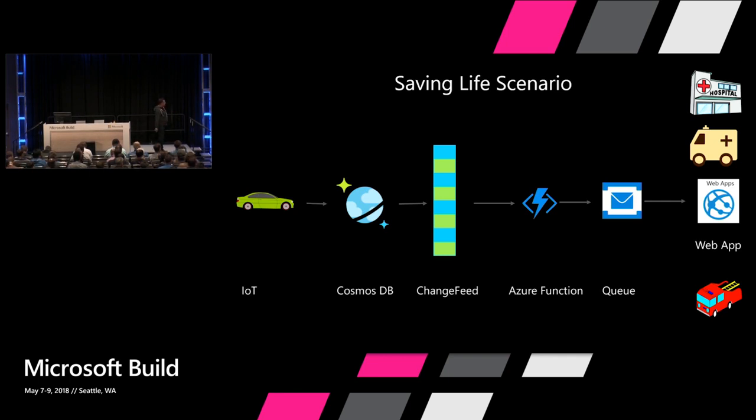The information comes to us, and the Azure function is watching for the accident, and then it can activate all different services. You can send a notification to the web page, which somebody is watching in a control room, looking at the map of the city and seeing where exactly the car is, and you can activate other services like hospitals, fire, or the ambulance. So this is the project I'm talking about.